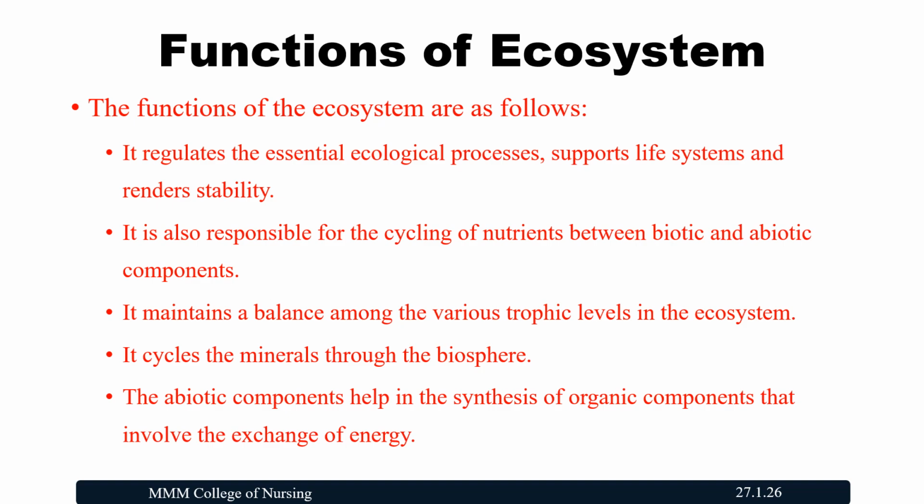It maintains a balance among the various trophic level in the ecosystem. It cycles the minerals through the biosphere. The abiotic component help in the synthesis of organic component that involve the exchange of energy. So the functions of ecosystem plays a vital role.